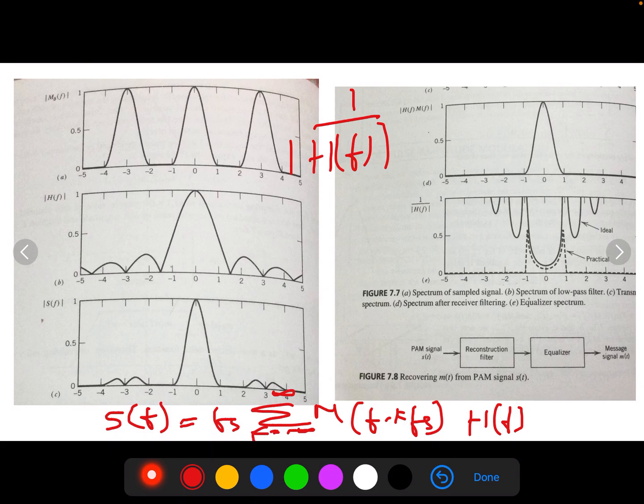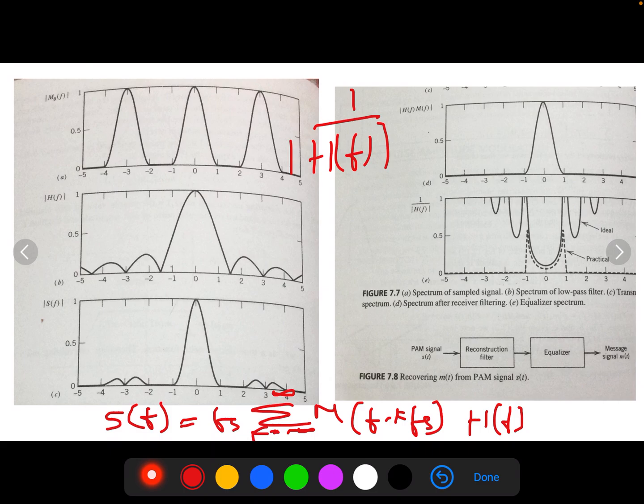In the next video, I'll be explaining time division multiplexing. One main application of PAM is that it will process the data, or prepare the data, so that it becomes a perfect input for a TDM application.